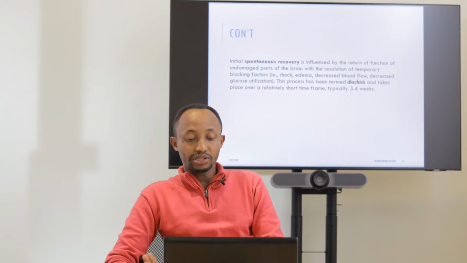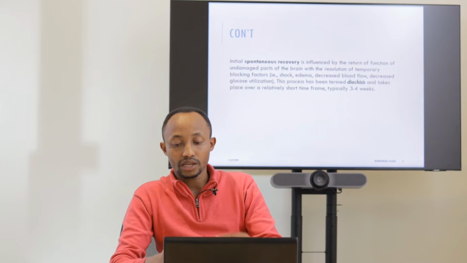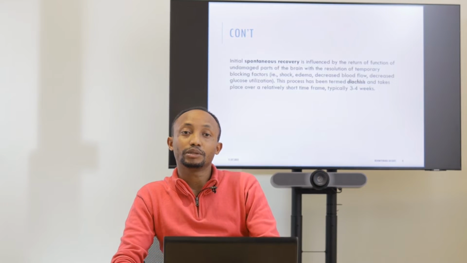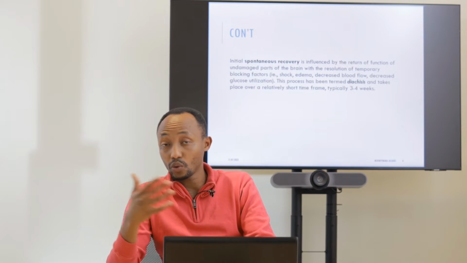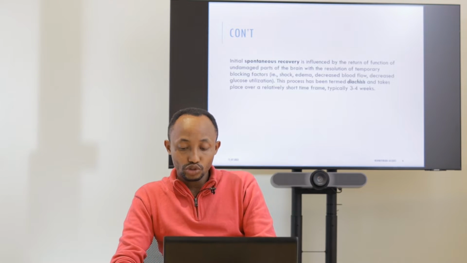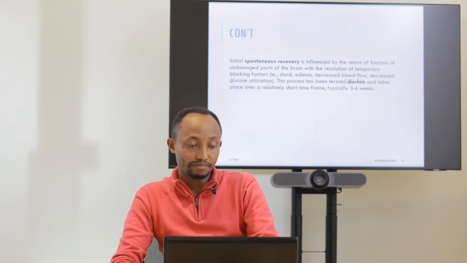A stroke can be caused by a blockage of the artery, the blood vessel, by a clot, a thrombus, or even a fat. Or it can also be hemorrhagic, where there's a burst of a blood vessel.